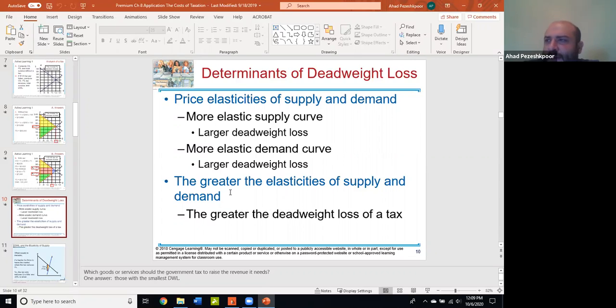Like 50 years ago, people were more tied to the place that they were living, so governments could afford to tax them. But now it's not really like that.